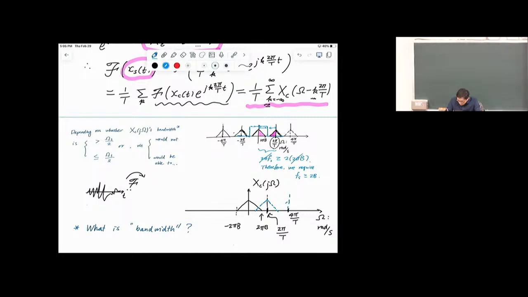I'm not drawing a very good figure, you know what I mean. They overlap with one another. To the left, symmetrically, we have the same thing here. Let's say this frequency is minus 2 pi divided by T, and this frequency is minus 4 pi divided by T, just to complete the drawing.